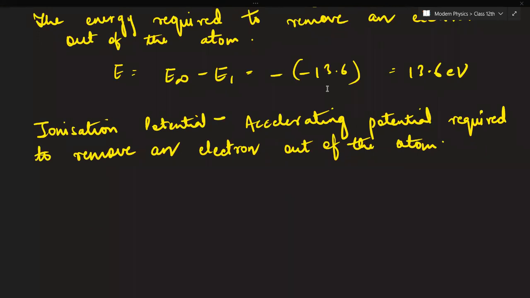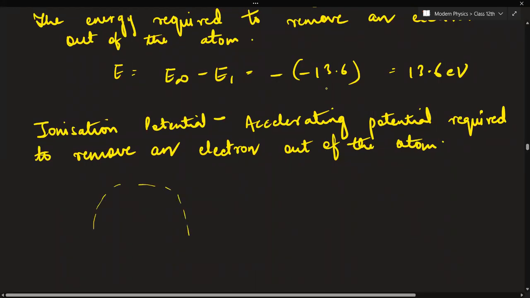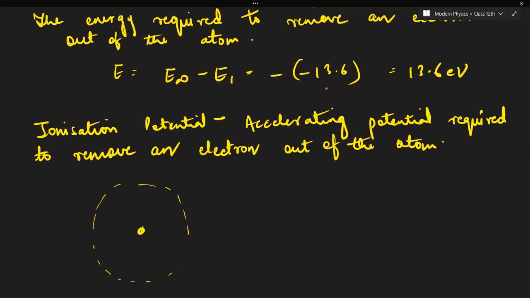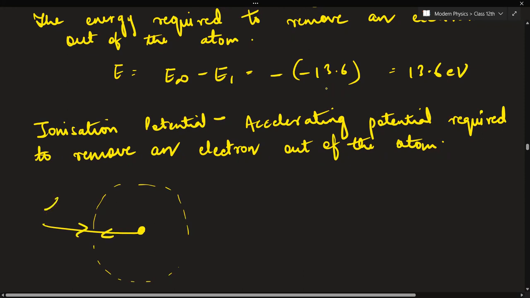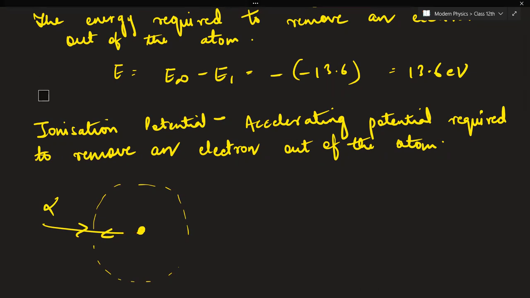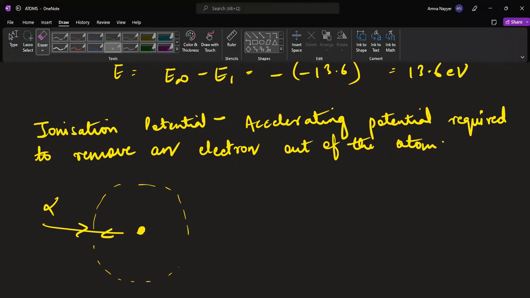See, for closest approach, this is the central nucleus. The alpha particle is coming and getting deflected by 180 degrees. It won't exactly touch the nucleus, because if the alpha is positive and the nucleus is positive, repulsion can occur from a certain distance only.